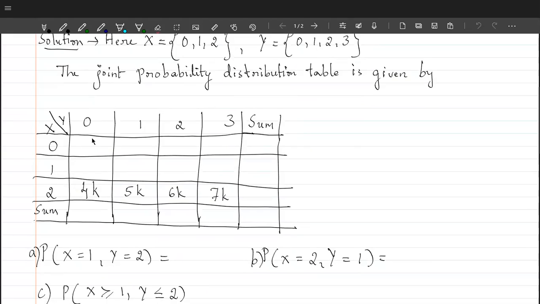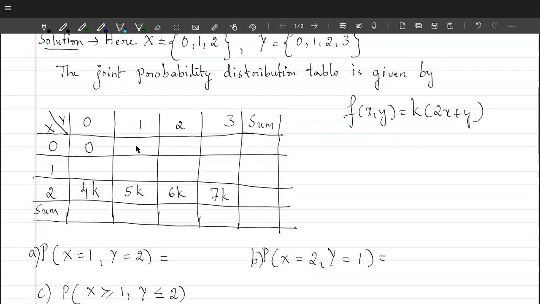Now let's calculate the value of the first probability here by using the formula f(x,y) = k(2x + y). So here, what's the value of x? The x value here is 0 and the value of y is also 0. So if you put that here, you get 2 into 0 plus 0. So the first probability here will be equal to 0.